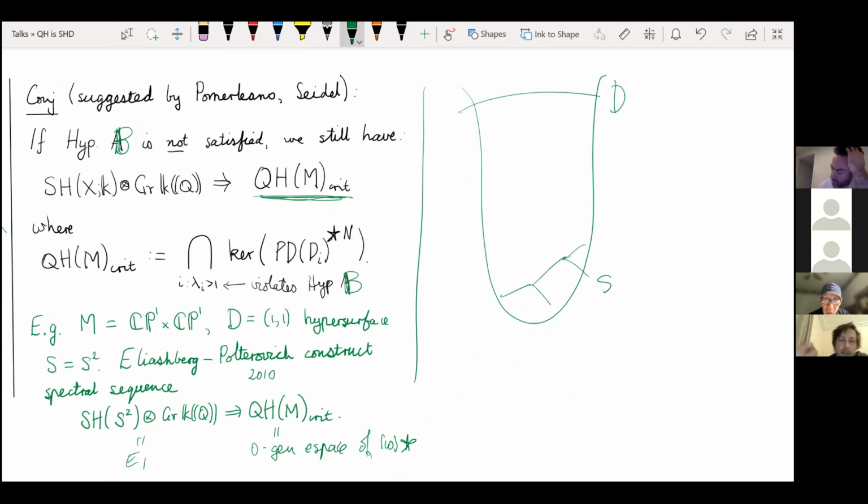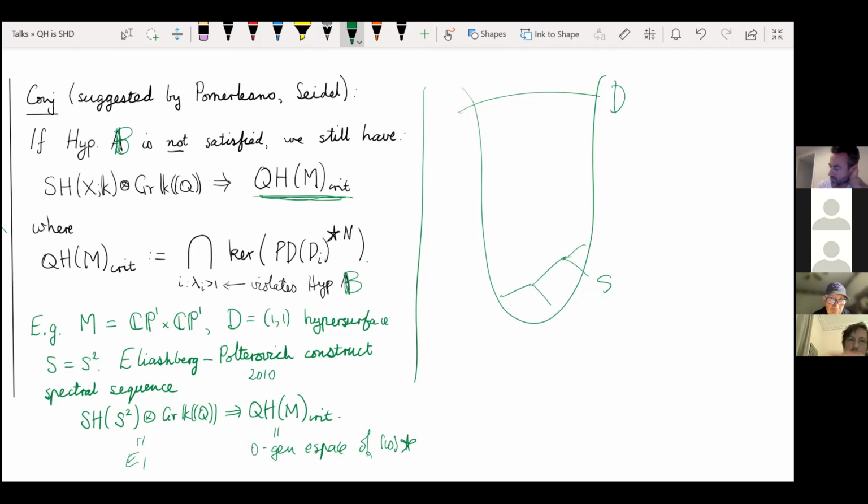I didn't state this version of our results, but under hypothesis B, we show that this skeleton sees the whole Fukaya category, because it is SH full in Umut Varolgunes's terminology.